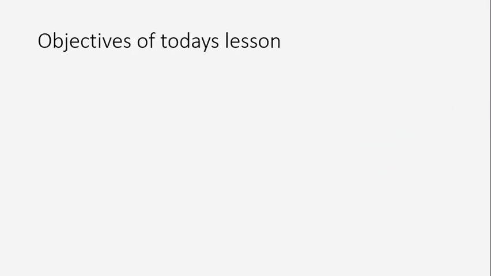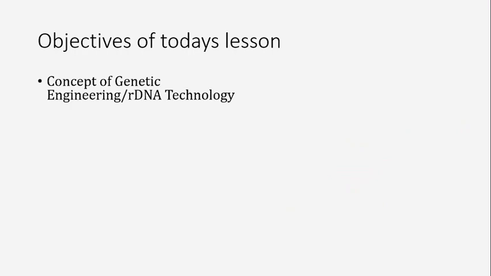And today, the objectives are: we will learn about the concept of genetic engineering, which has another synonym, recombinant DNA technology. We will also identify which organisms are called GMO, and that transgenic organisms are a subset of GMO.